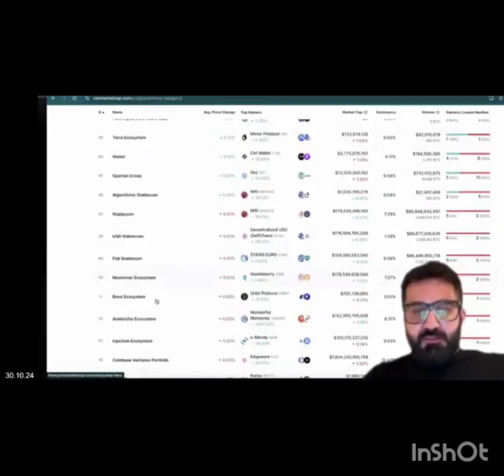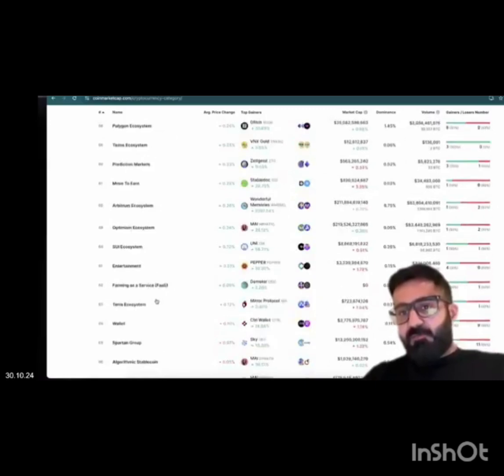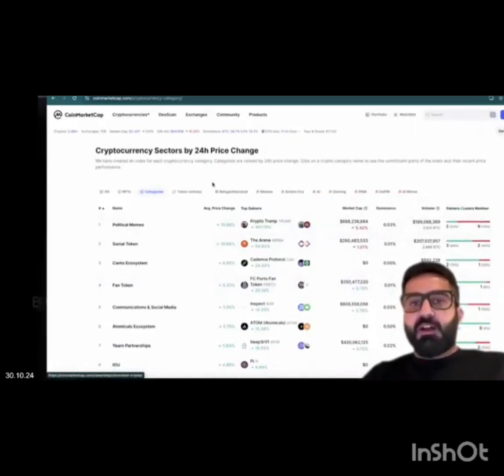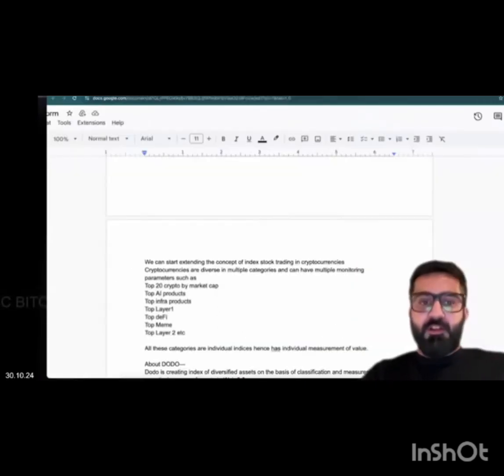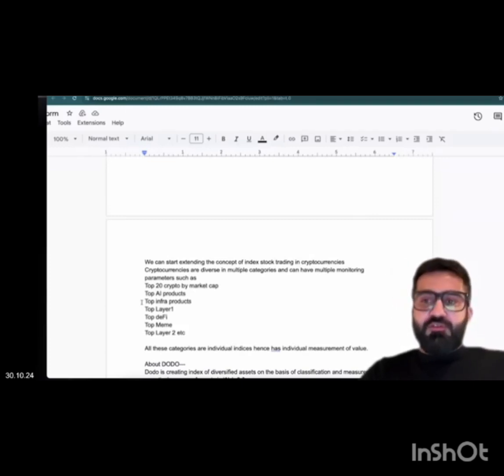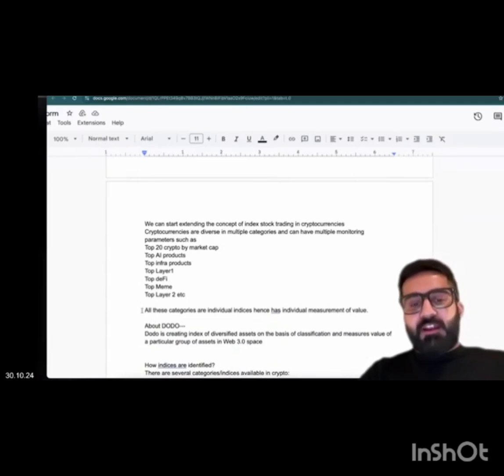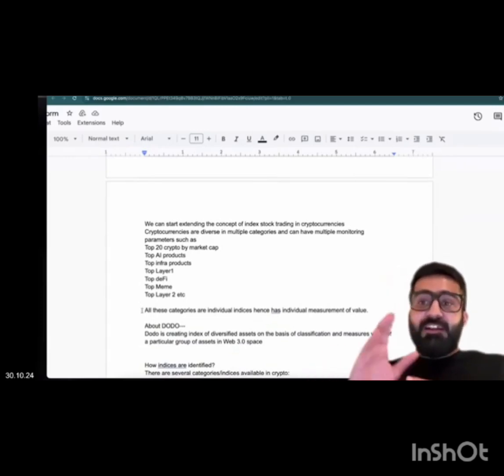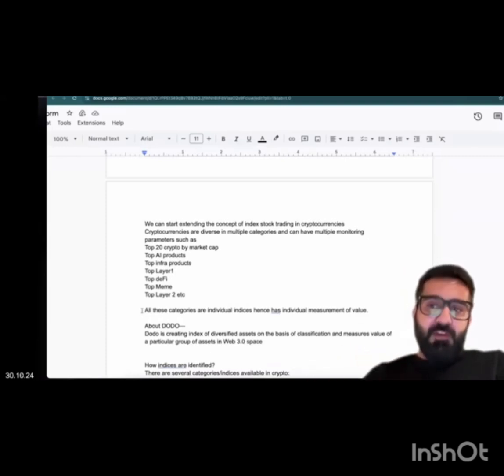There are so many categories already created in crypto according to market capitalization, that is market cap. So we can check top 20 crypto by market cap, top AI projects, top infra projects, top layer 1 solutions, top DeFi projects, top meme coins, top layer 2, top DePIN, top RWA, real world assets, so many things. So all these categories are individual indices, hence have individual measurement of value.